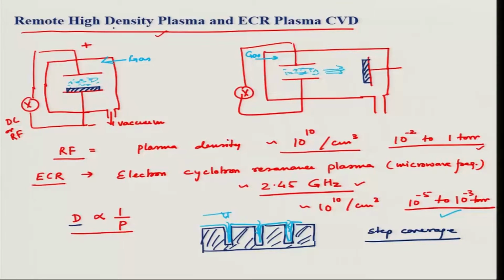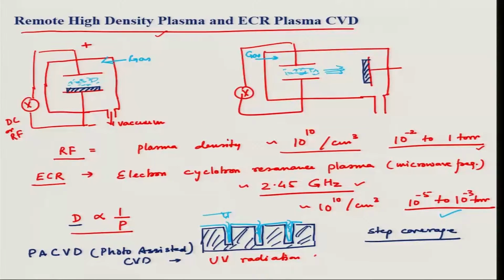One more variation of this could be what is called photo assisted CVD process, which is nothing but instead of plasma you use UV radiation to break down reactants.